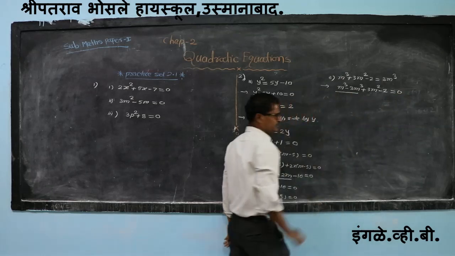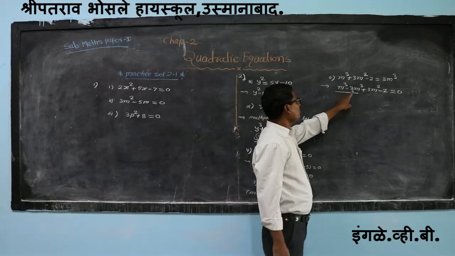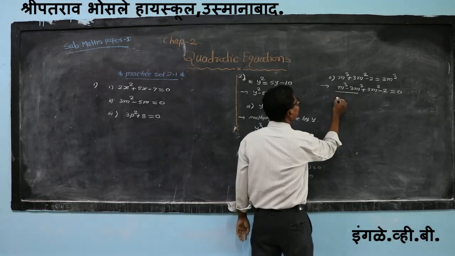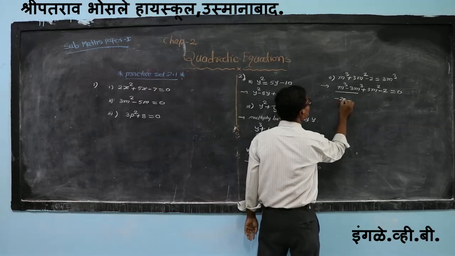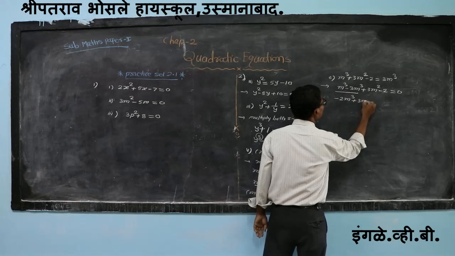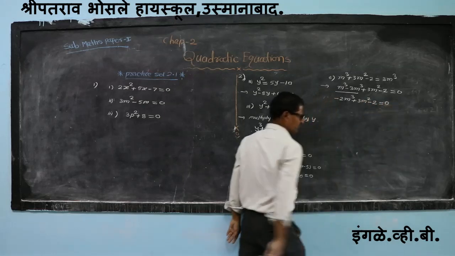Like terms: m cube positive and minus 3m cube negative. So take the difference between them. The difference is minus 2m cube plus 3m square minus 2 is equal to 0.